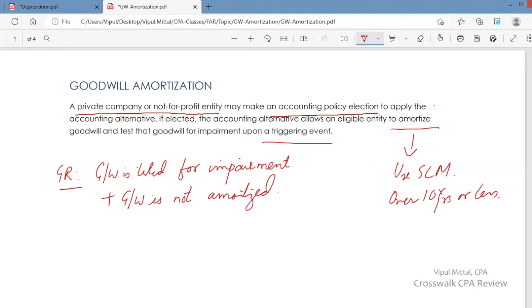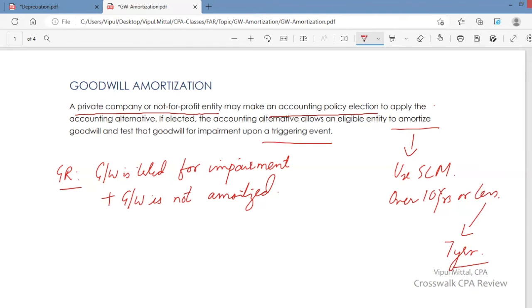But if the entity can justify a lesser period, it is okay. If less than 10 years is appropriate, use that. For example, if the entity says, we want to amortize goodwill over a period of 7 years because 7 years is more appropriate, we can justify that. We can demonstrate that 7 years is more appropriate. Then amortize goodwill over a period of 7 years.